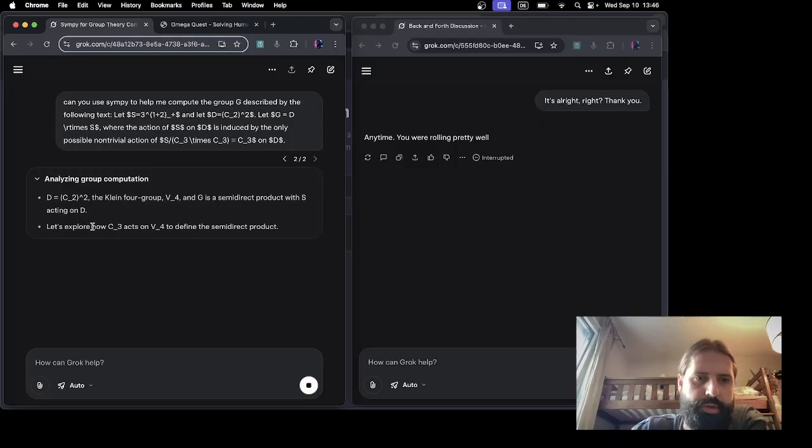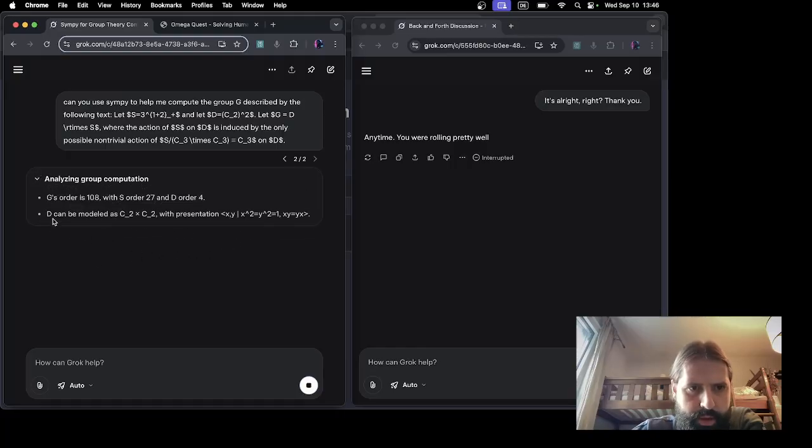Acting on D. Let's explore the action. Exactly. That's it, now it's thinking the right way. How C3 acts on V4. D can be modeled as, okay.